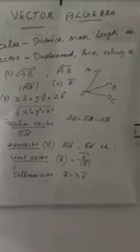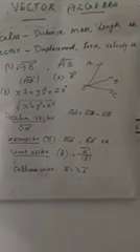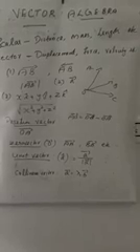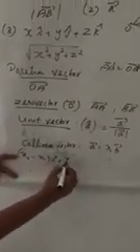The vector joining the two points is x2 minus x1 into i plus y2 minus y1 into j plus z2 minus z1 into k. That is, the vector joining the two points x1, y1, z1 and x2, y2, z2 is x2 minus x1 into i plus y2 minus y1 into j plus z2 minus z1 into k.